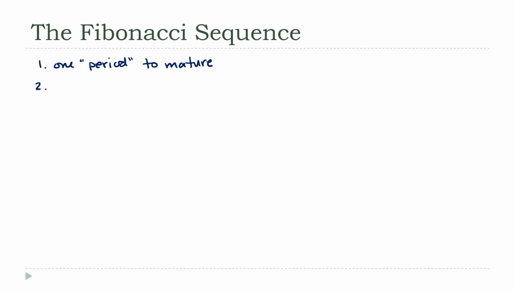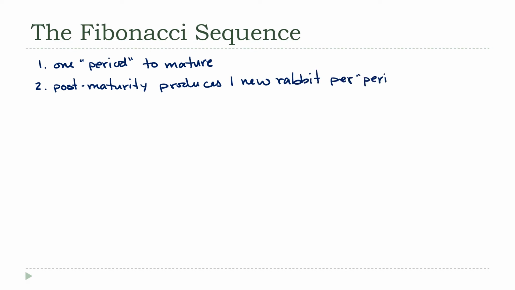And second, post-maturity, every rabbit produces one new rabbit per period.